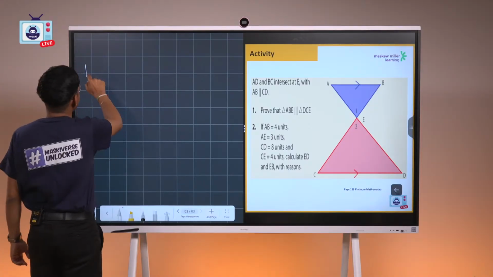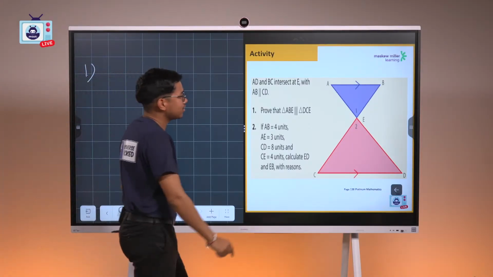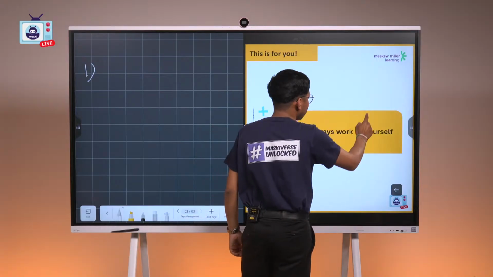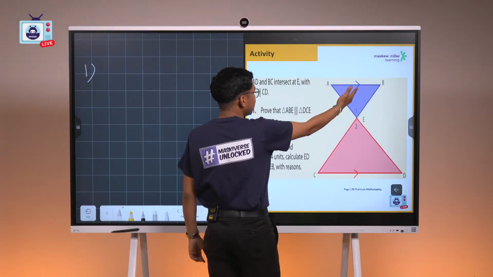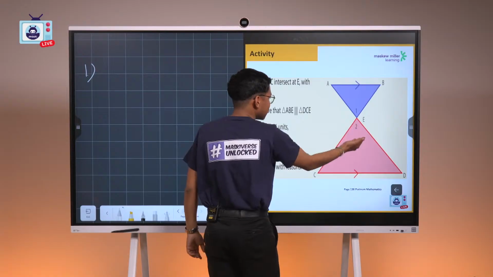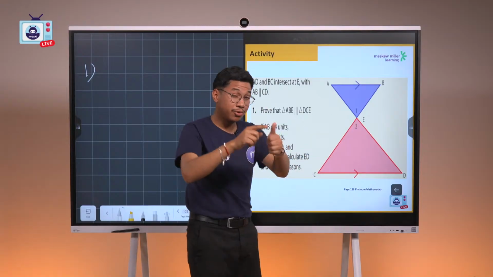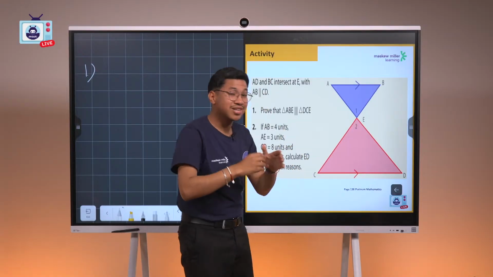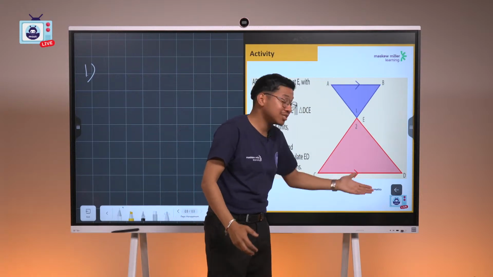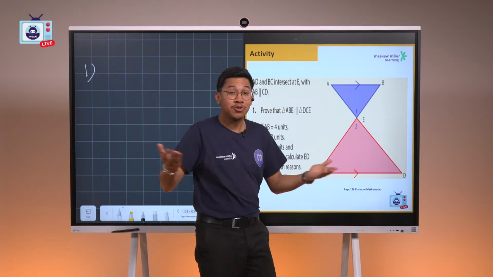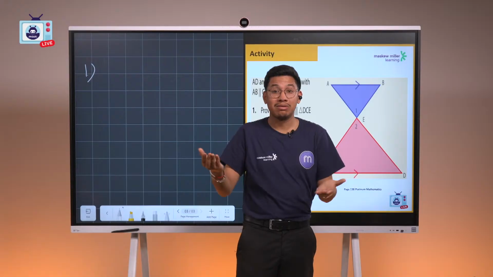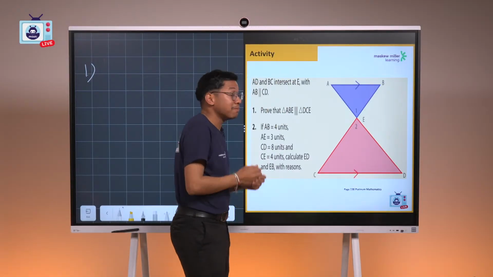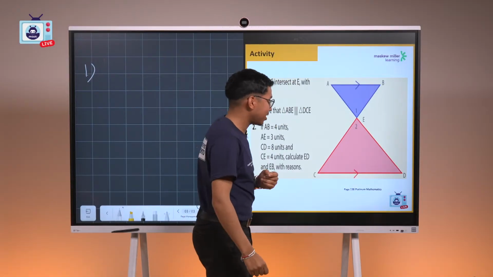It is asking us, in number one, to prove triangle ABE similar to this triangle over here. So either we're going to use the sides or the angles. I don't have any sides given to me, so how can I use sides? But neither do I have angles. So now I'm stuck. But something else is given to me here in the diagram.